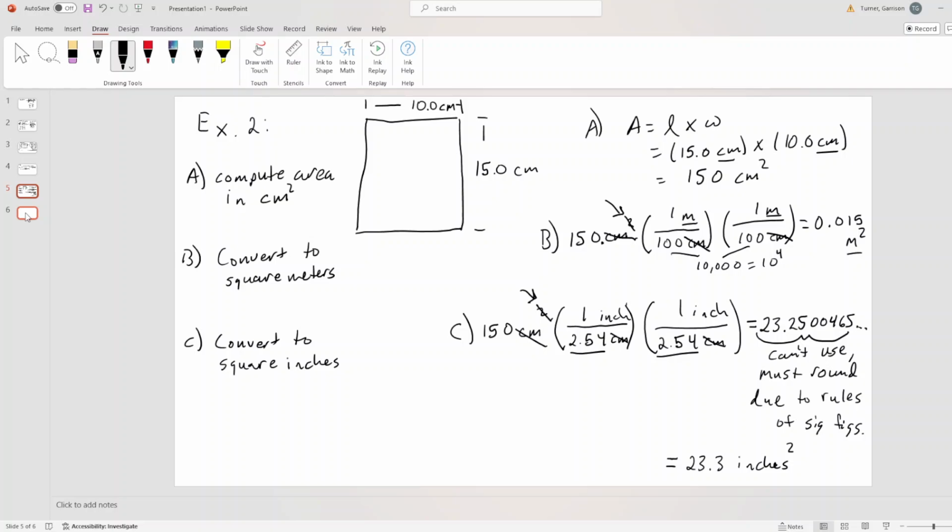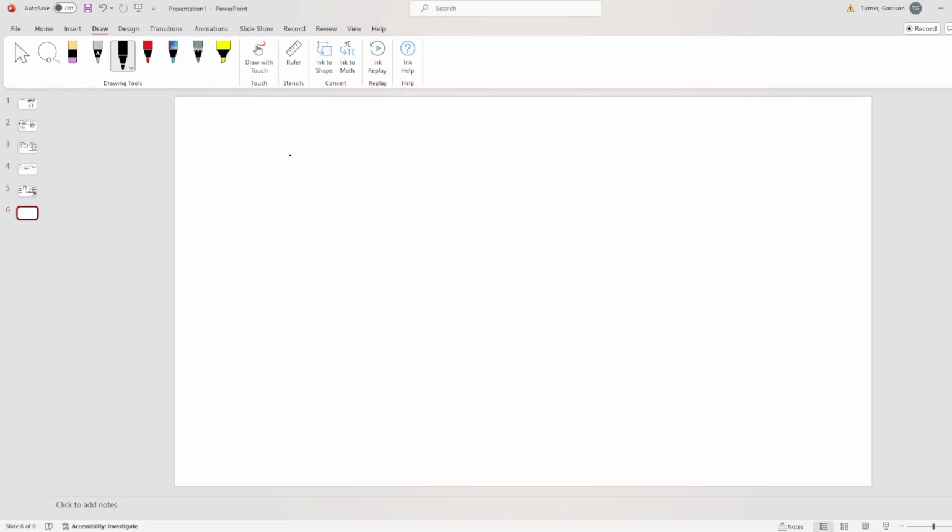So all of these are converting the same type of unit. They're all distances and we're converting them into different things. But what about if I need to convert multiple types of units?